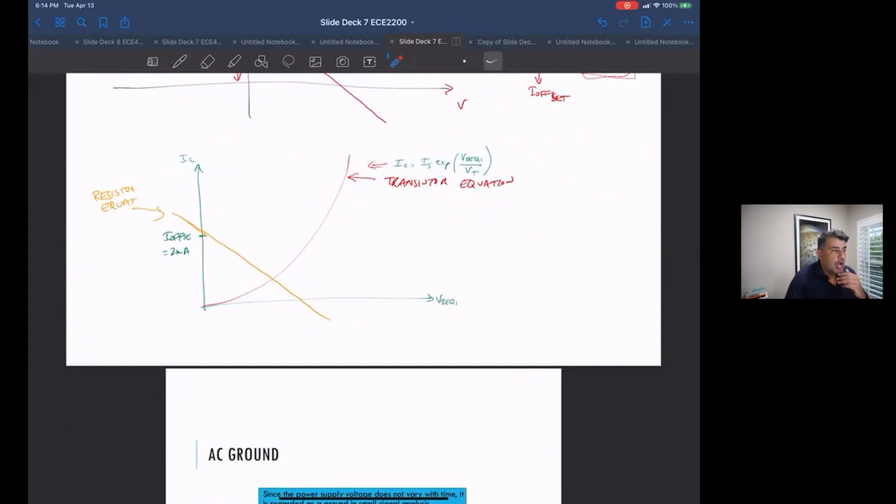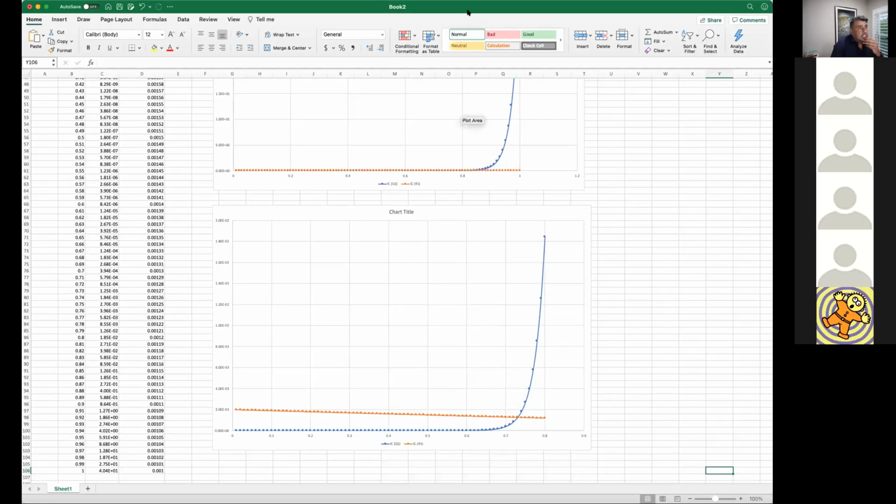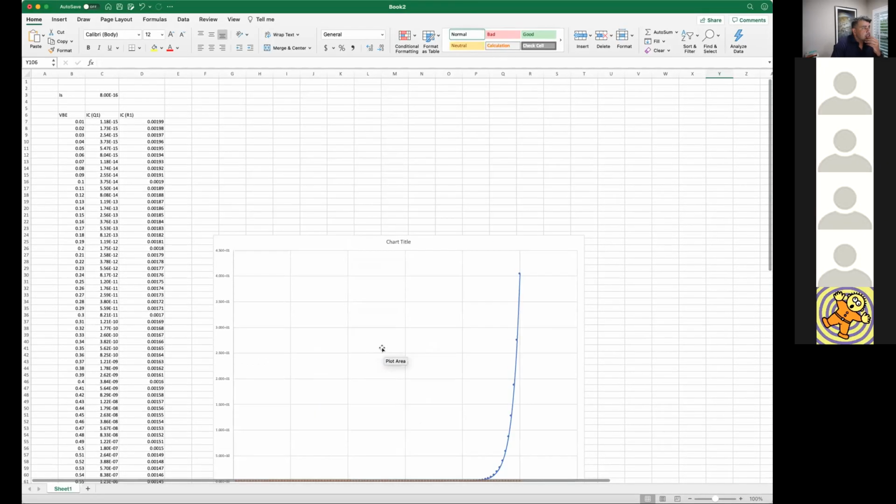Okay. So I put this stuff in. Let me see if I can do this. I'm going to stop sharing that, and share again. Okay, so you should be able to see an Excel sheet, right? Yeah. So what I did is I just put these two equations in a graph.